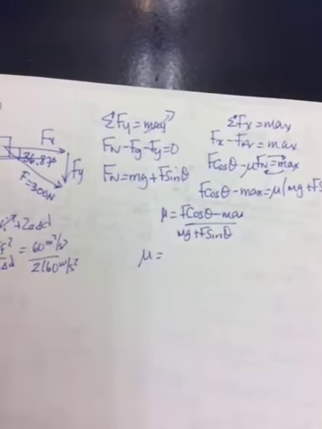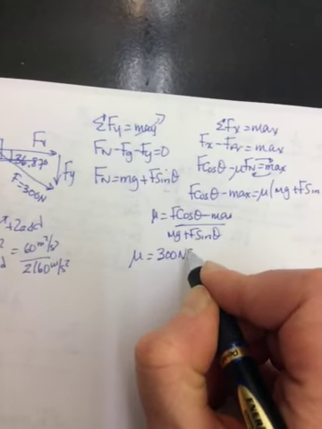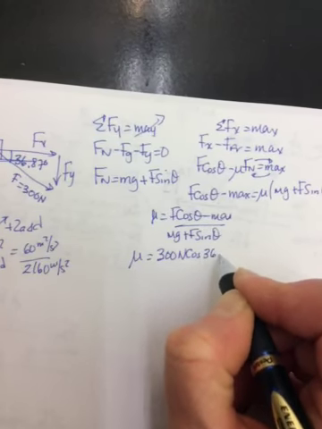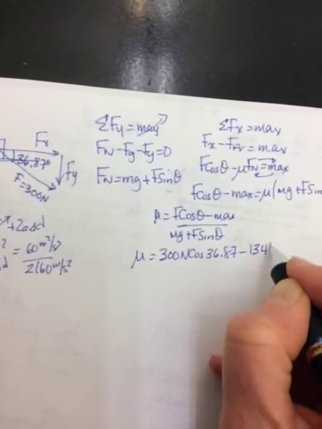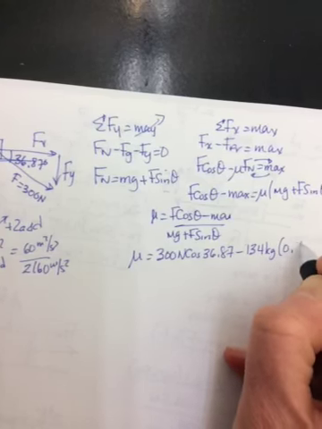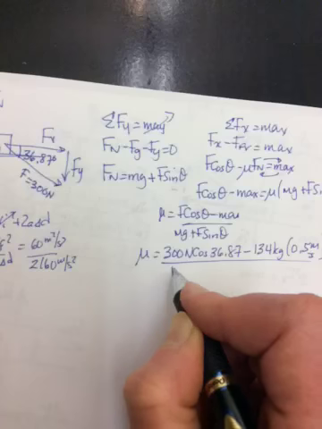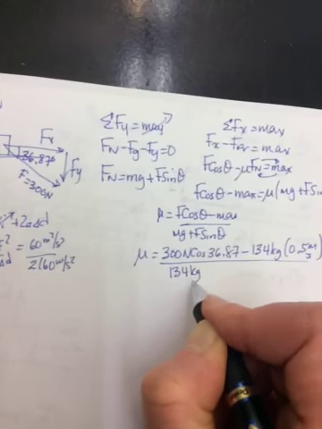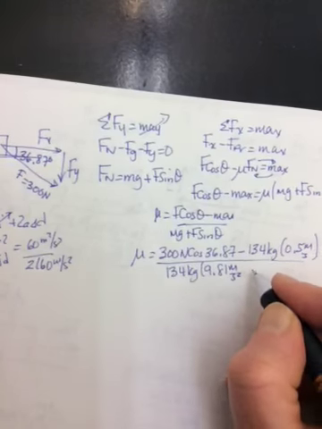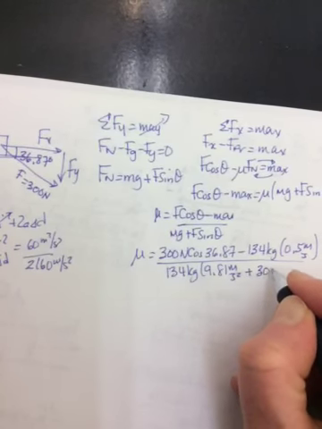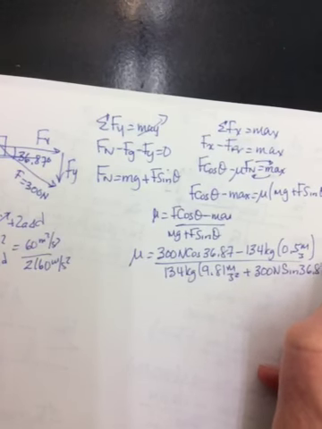So mu is equal to F was 300 newtons, cos of 36.87, m was 134 kilograms, times 0.5 meters per second squared, over 134 kilograms times 9.81 meters per second squared plus 300 newtons sine of 36.87.